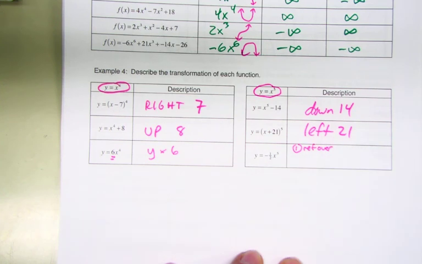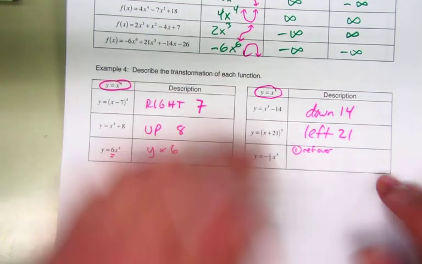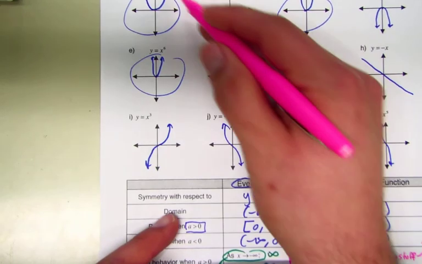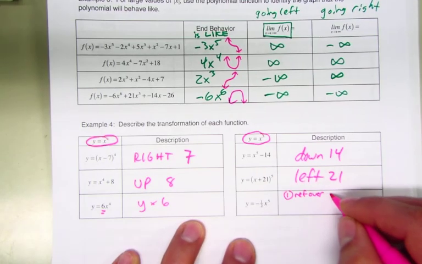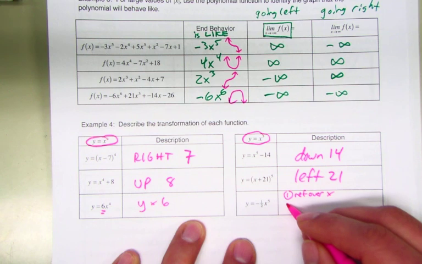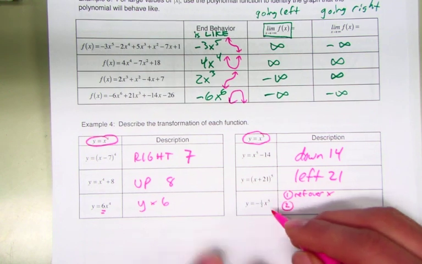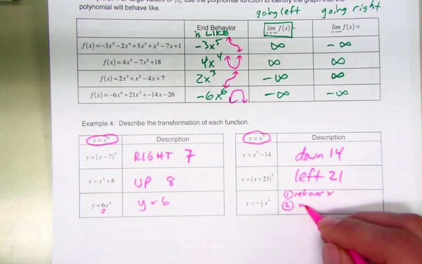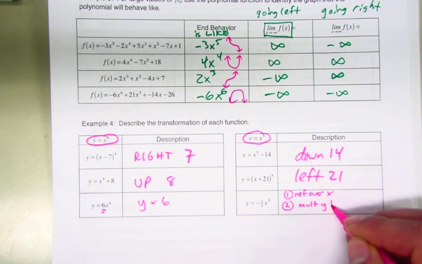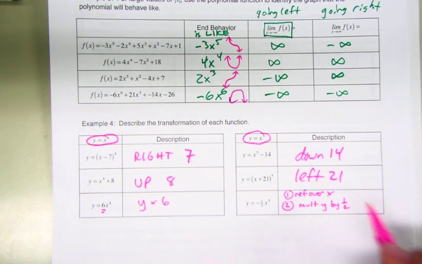Think about what we just did. If I have a negative in front, what's it flip over? Yeah, these all flipped over the x if I had a negative, right? So if you ever forget, think of that. Reflect over x. And then the 1/2 is going to multiply y by 1/2. That's one way to do it.